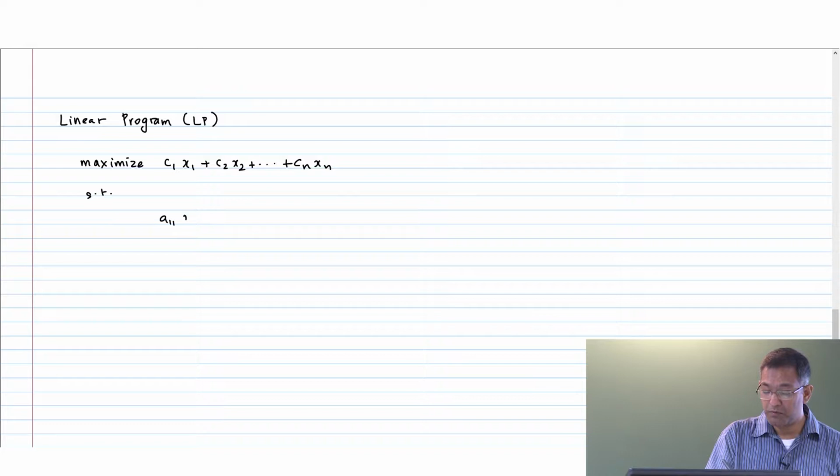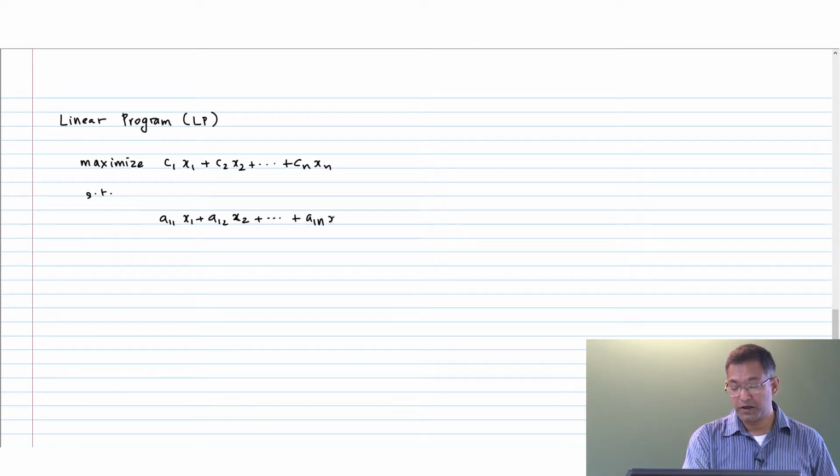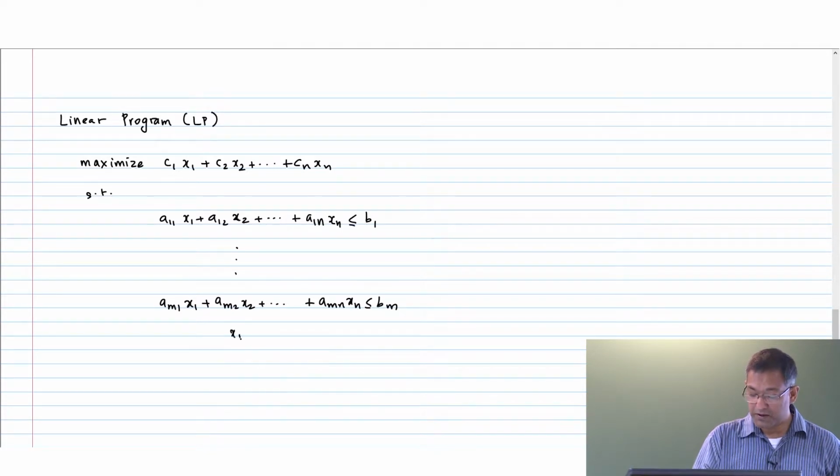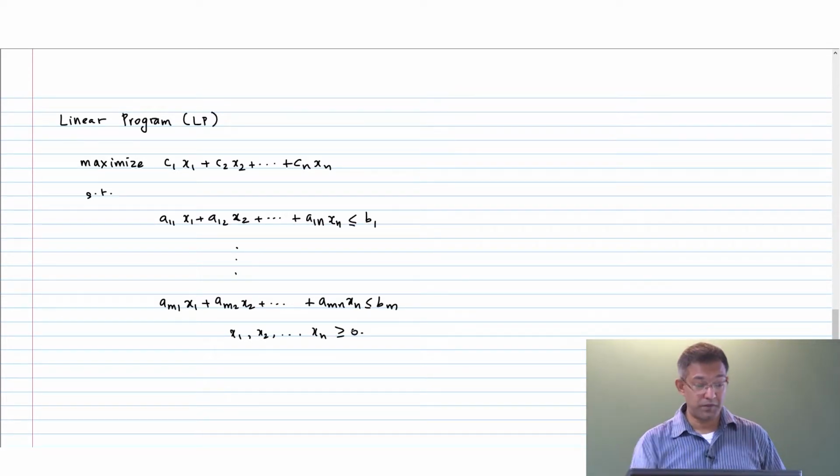We want to maximize C1 x1 plus C2 x2 plus Cn xn subject to A11 x1 plus A12 x2 plus A1n xn is at most B1 and so on, Am1 x1 plus Am2 x2 and so on at most Bm, and let us say x1, x2 to xn are non-negative.